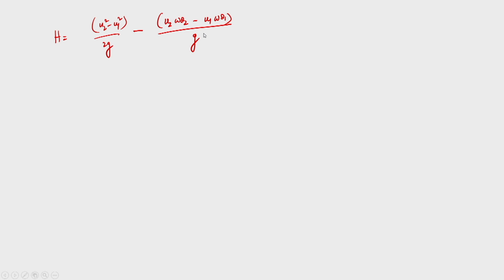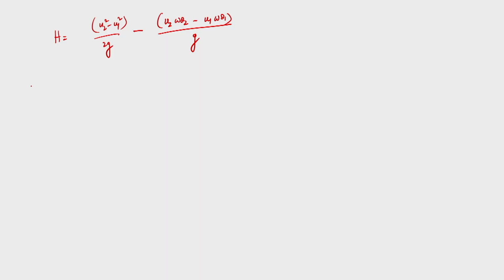So, this is the head being developed by the pump, whether it is radial flow pump or axial flow pump. Now, I am taking a case, let us say case 1. I have solved one problem in one of my previous lectures. Case 1 is a purely radial flow machine.